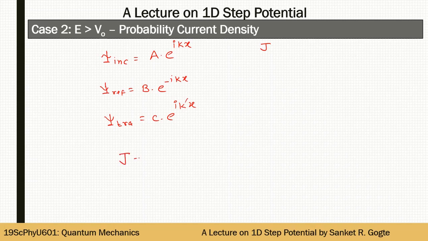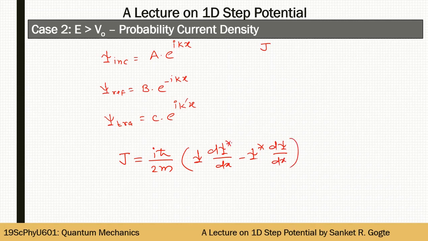Remember, J is, in general, i h cross by 2m into psi into d psi by dx minus psi star into d psi by dx, where psi star is the complex conjugate. You can again try to find out what J incident is, or you can simply go back and see what the probability current density for the incoming particle is.